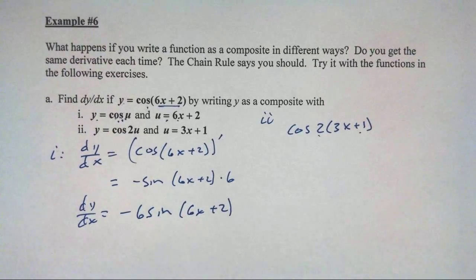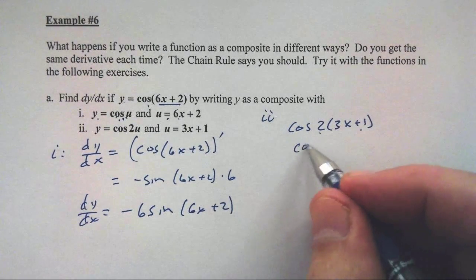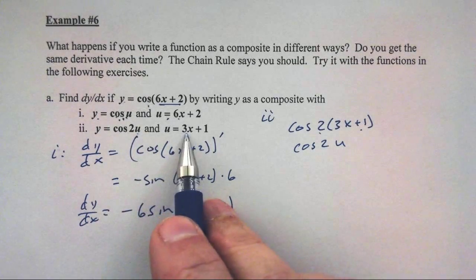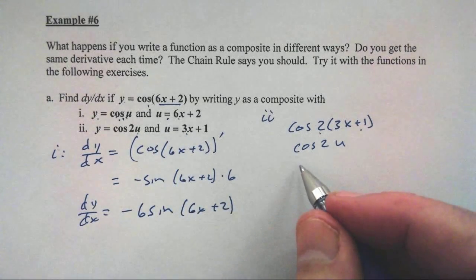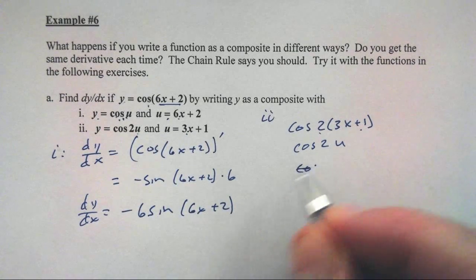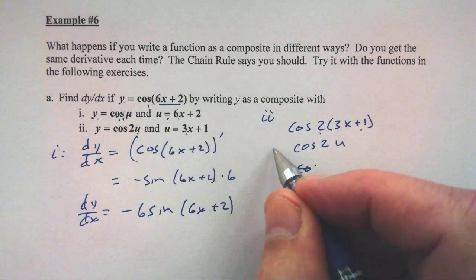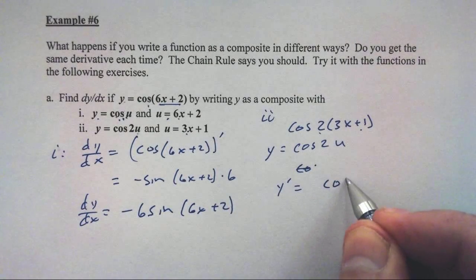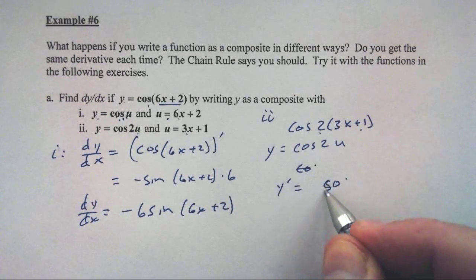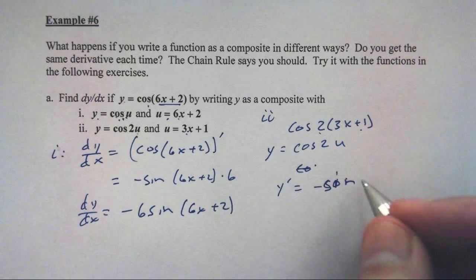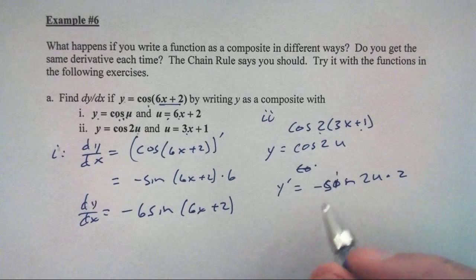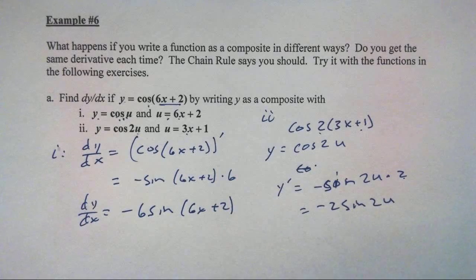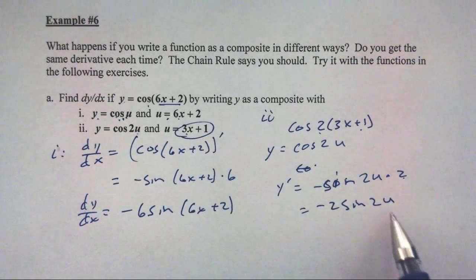So if I did cosine of 2u, my derivative here would be, if I said y equals cosine of 2u, the derivative of cosine, negative sine, of 2u times 2, treat the baby, or negative 2 sine of 2u. And then u is 3x plus 1.